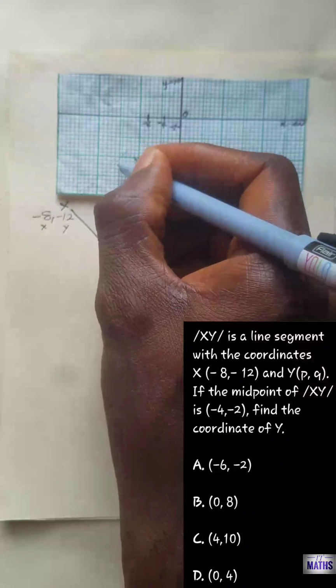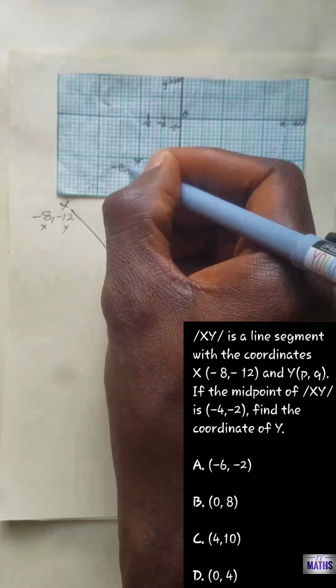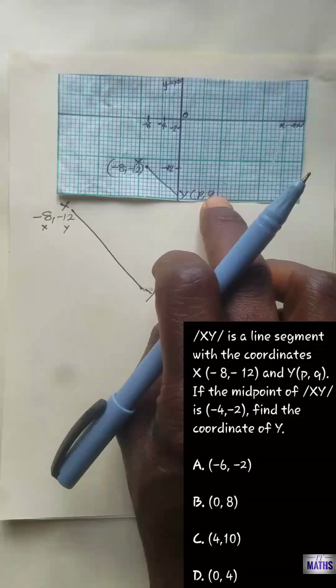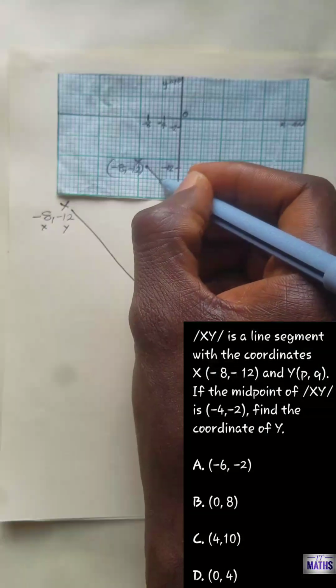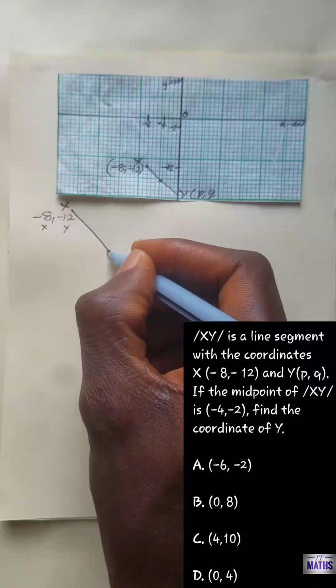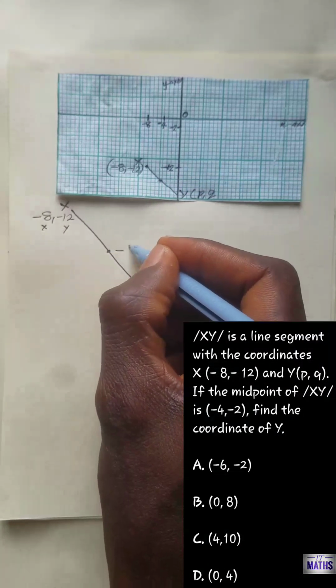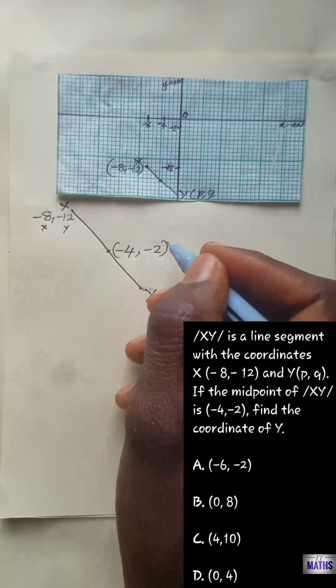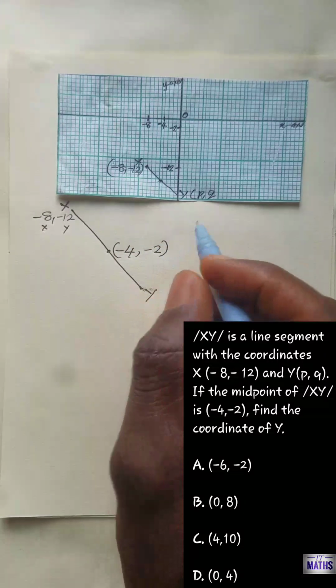This guy is actually (-8, -12), that's this point, and this one we are not given. And we are told halfway has a coordinate of (-4, -2).